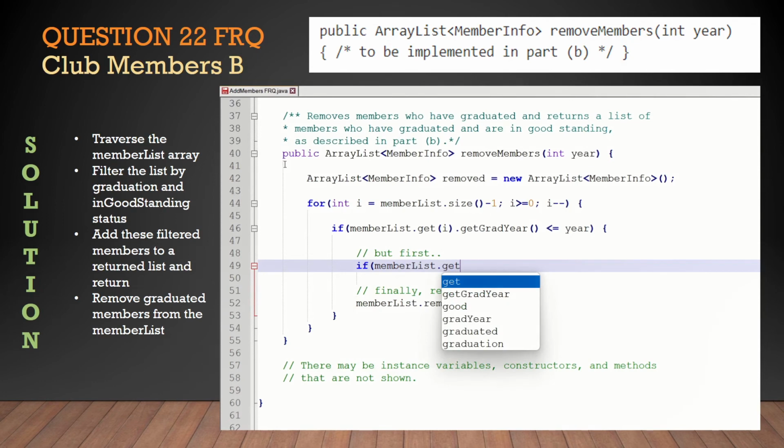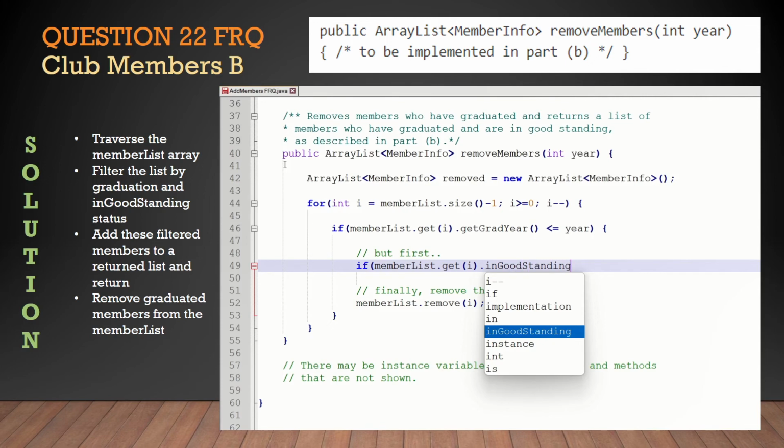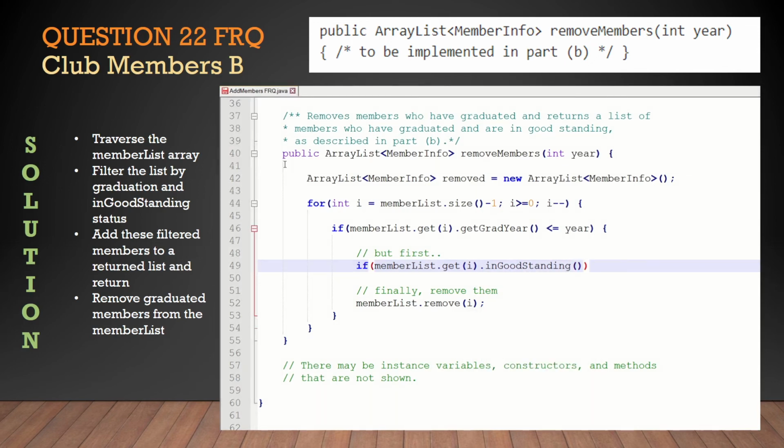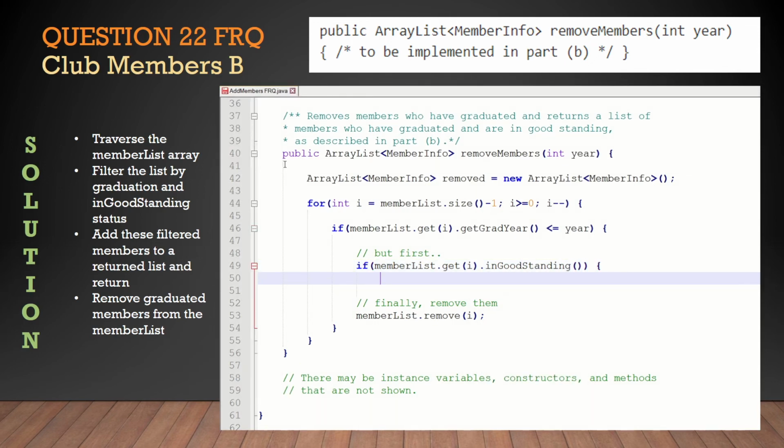Same thing. Use the member list, use the index, get that one, use the helper method in good standing. If that's true, they are in good standing, so we're going to add them to our special list, which I've called removed. We're going to add that member to that list. So now I end up with a list of removed members, the ones in good standing.